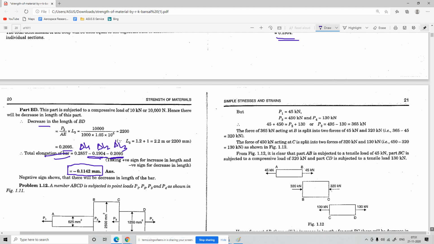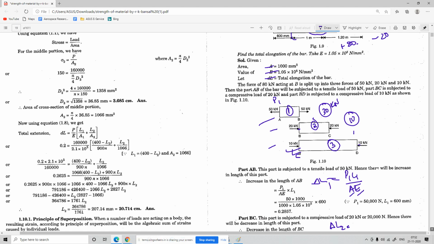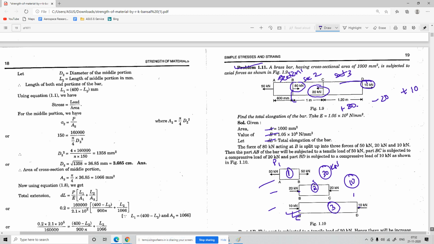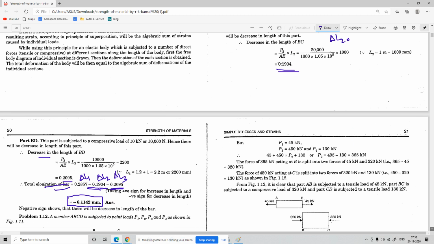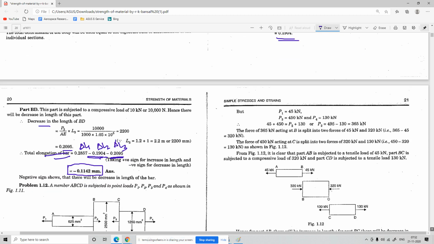Based on how you are splitting this particular cross section, whether it is compressive or tensile, likewise you will get your total elongation. That means it is decreasing in length, meaning overall it is getting compressed, right? Overall it is getting compressed.